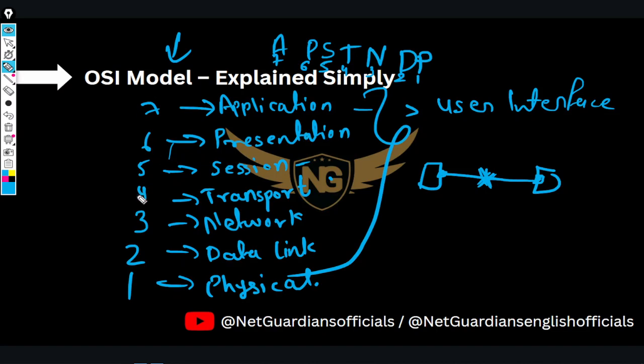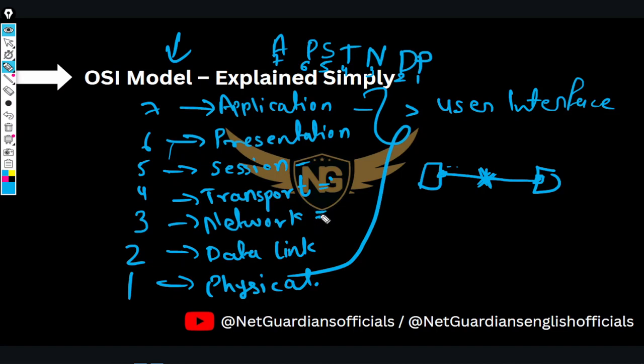Now transport layer, what it does is make sure the file and text you are sharing is going properly. If you have to break it down into pieces, segments or packets, all the fragmentation and packeting work is done by the transport layer.